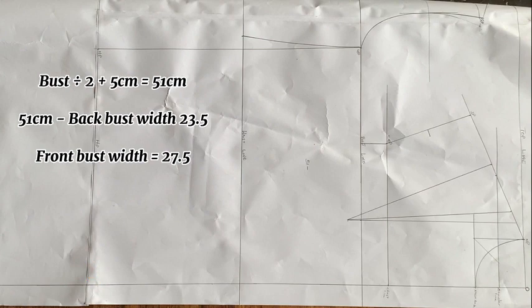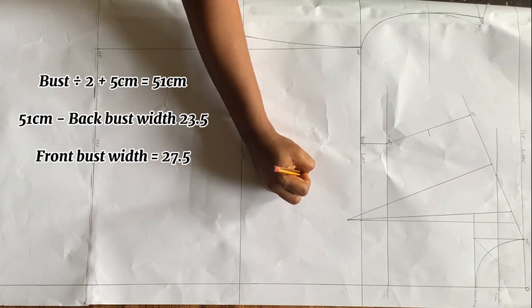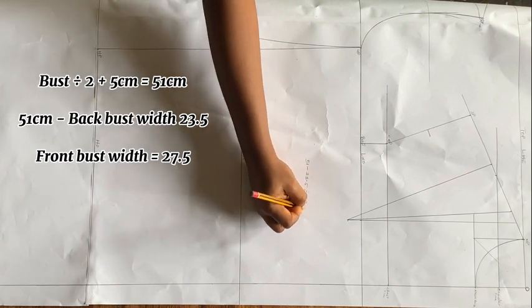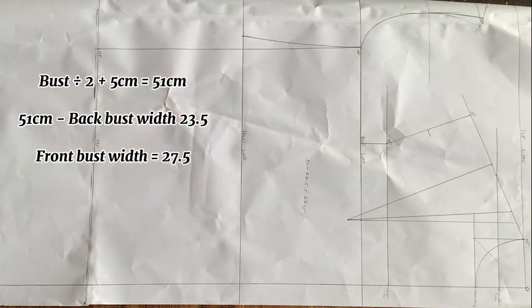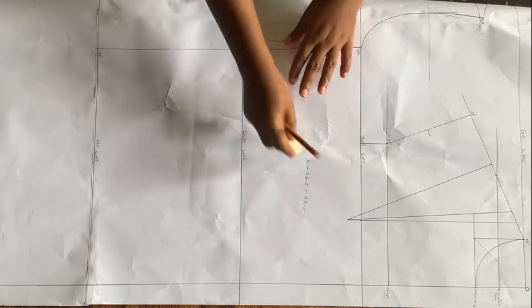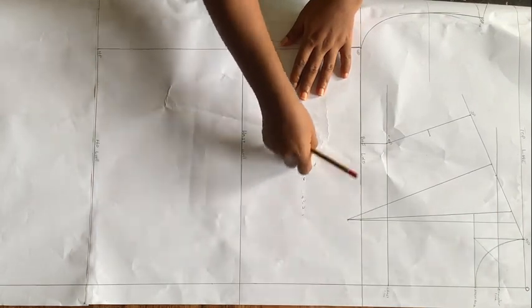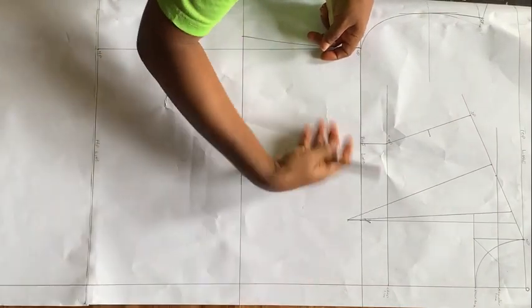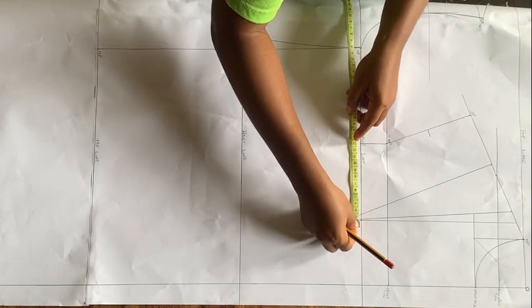So half of my bust plus 5 gave us 51, and here I'm going to be subtracting the back pattern, which gave me 23.5. So 51 minus 23.5 is 27.5 cm, and that's what I'm going to be using for my front width. That's the bust width for the front.